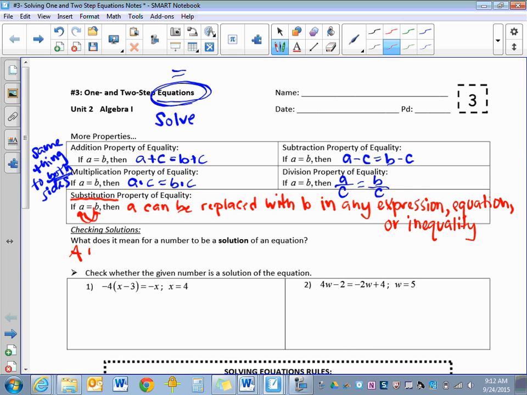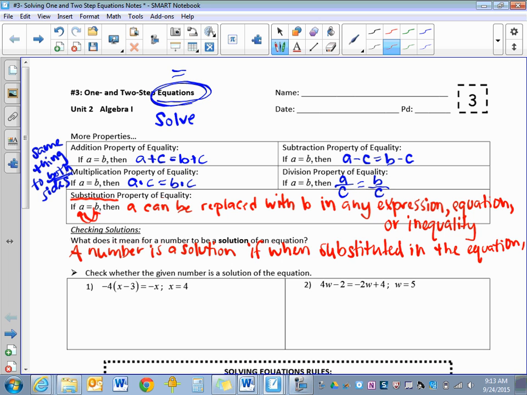A number is a solution if, when substituted in, an equation. So when we take that solution and substitute it back into my equation, it makes the equation true. So a number is a solution if when substituted in the equation, it makes it true.